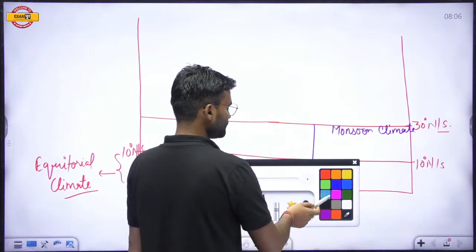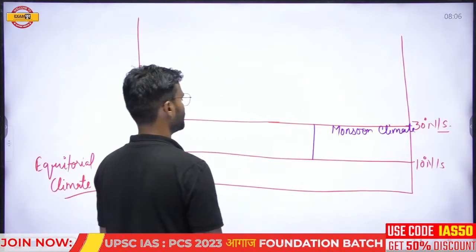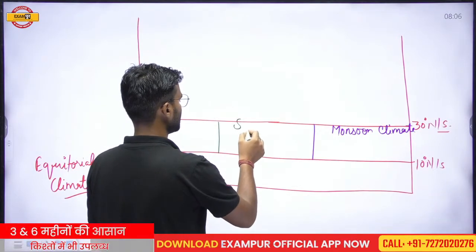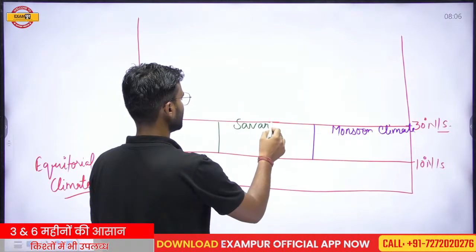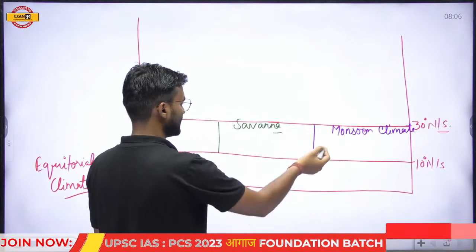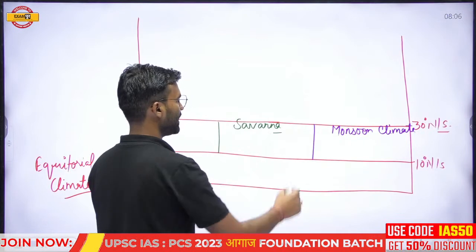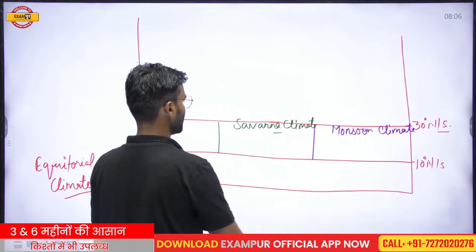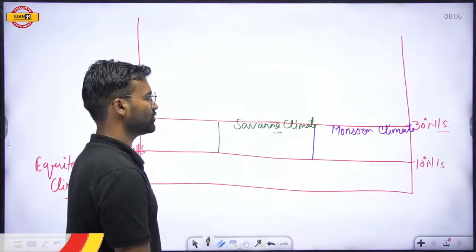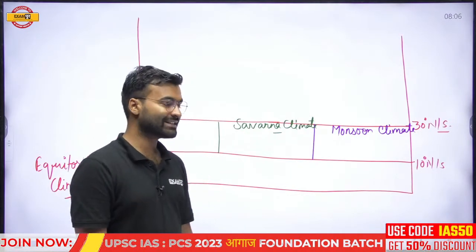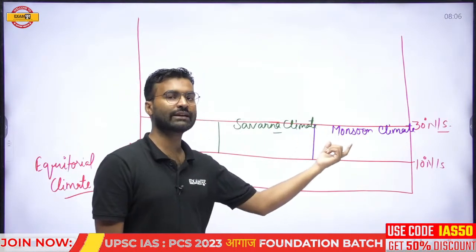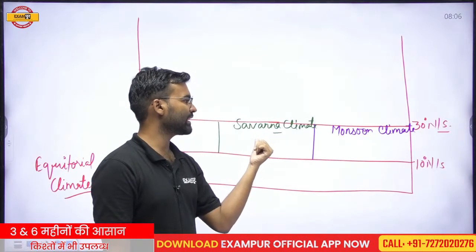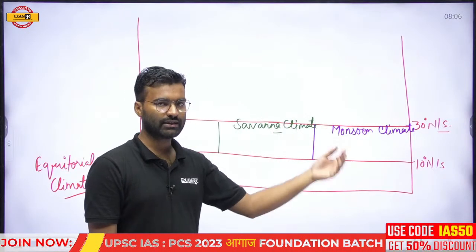The zone of the same latitude but in the central part of the continent has relatively less rainfall than the monsoon climatic zone, and this type of climatic zone is called the savanna climatic zone. You should study monsoon relatively, relating it to the savanna climate condition for better understanding.